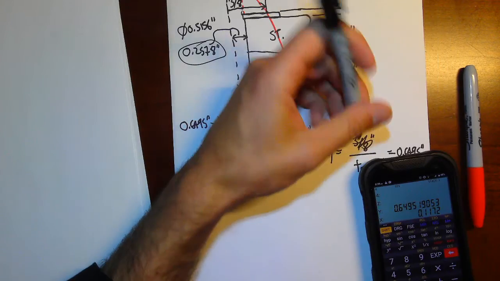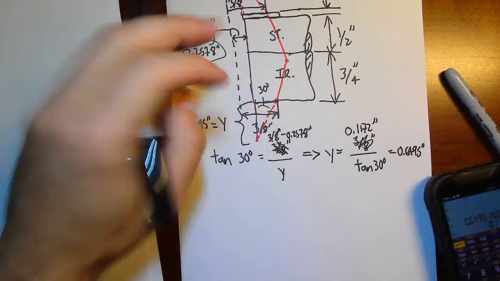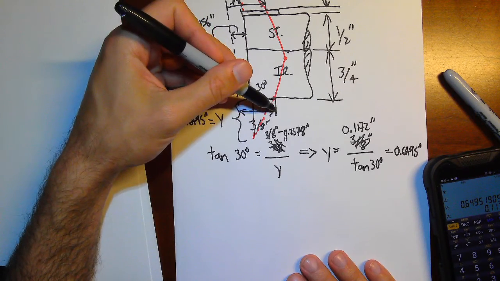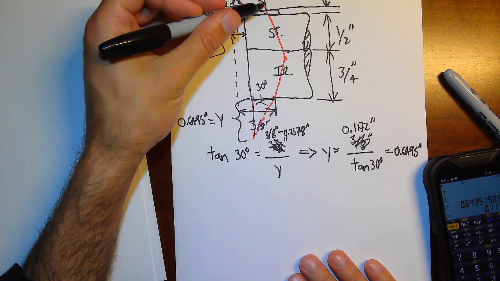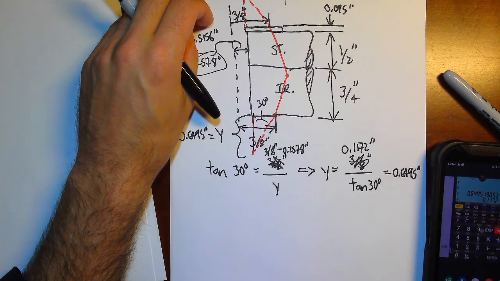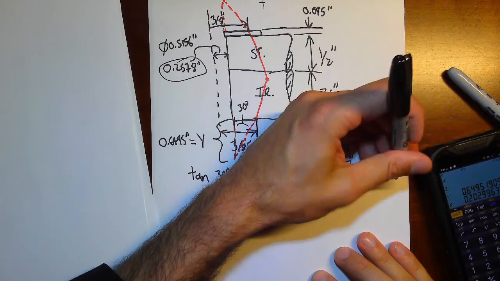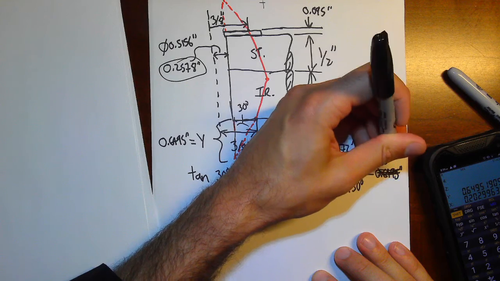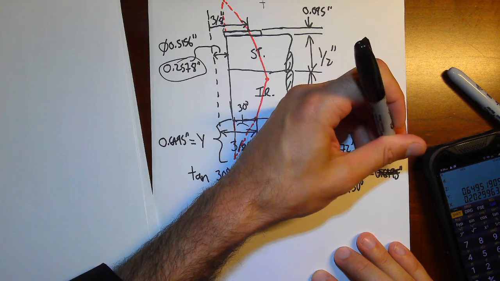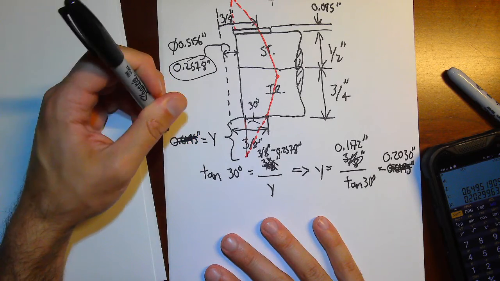That gets me 0.1172 inches. That's my actual distance from the edge of the nut to the side of the hole, from the edge of the bolt to the side of the hole. So that divided by tangent of 30. There we go. That's 0.2030 inches. Much better.